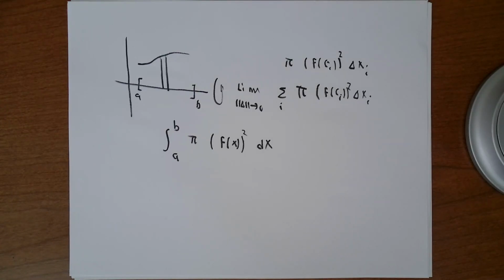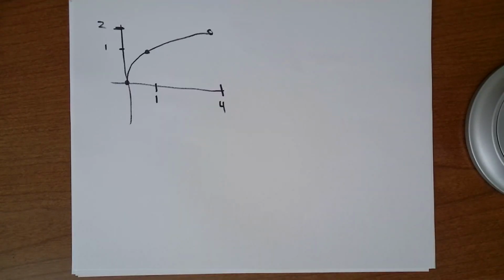As an example, let's think about the graph of y equals square root of x. I'm going to revolve a piece of the region under this curve about some axis or the other. If it was revolving around the x-axis, we could already write the integral down, but that's not what we're going to do.